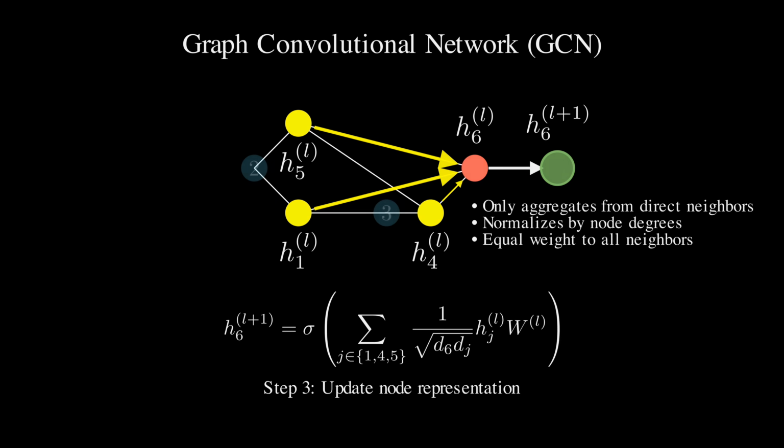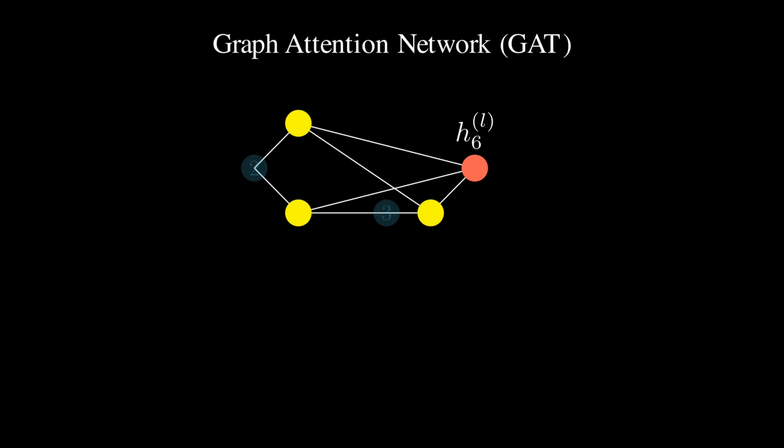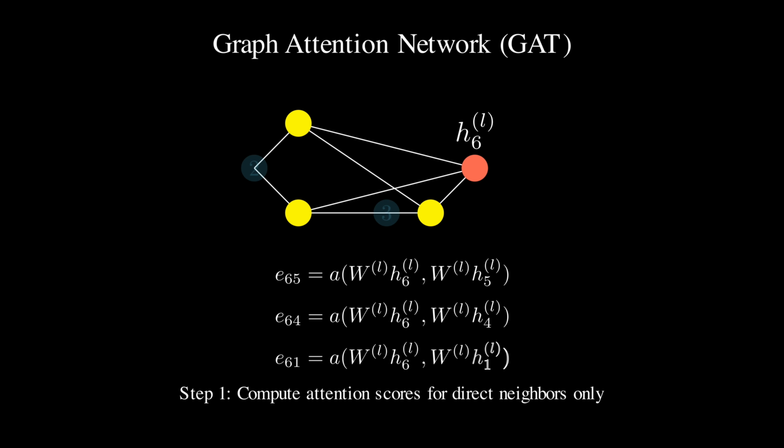Another popular architecture of graph neural networks is the graph attention network, where, instead of giving equal weight to all neighbors, the model computes attention scores. For instance, here you have e_65 equals 1.2, e_64 equals 0.6, and e_61 equals 1.0. These scores measure the importance of each neighbor to node 6.